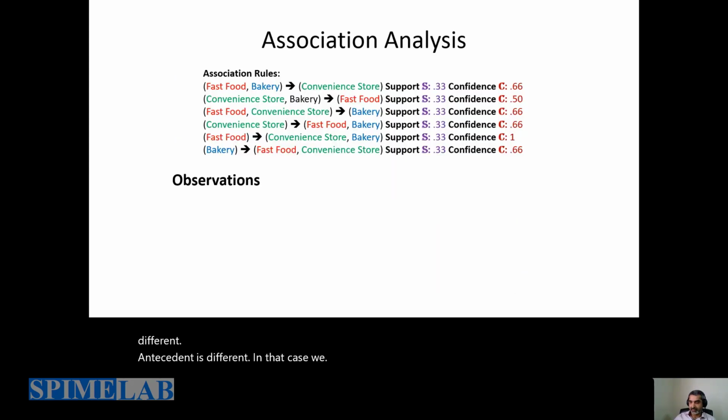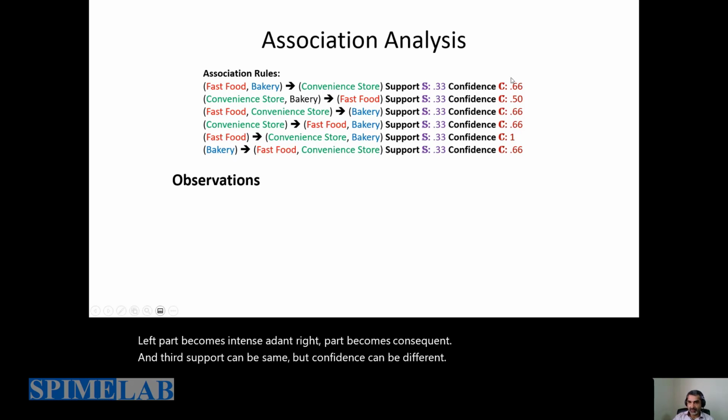In that case, observe that support and confidence can be different. And an association rule is a kind of binary division of the item set. So we divide it into 2. Left part becomes antecedent, right part becomes consequent. And third, support can be the same, but confidence can be different.